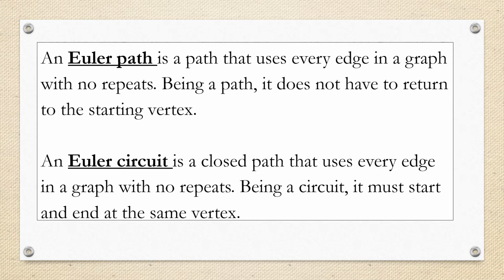And since this is an Euler circuit, meaning kung saan tayo mag-start, whatever vertex that we use as a starting point, then we have to end at this particular vertex as well. So kung saan tayo nag-start, dun din tayo dapat bumalik, sa end na ng path.